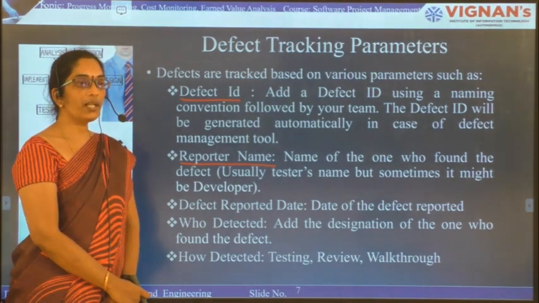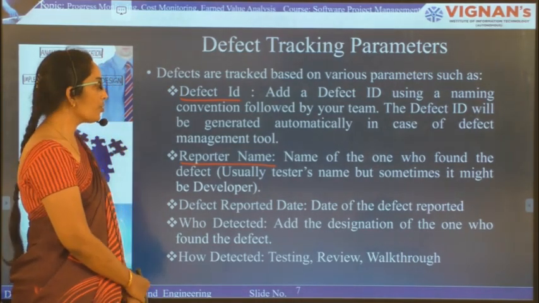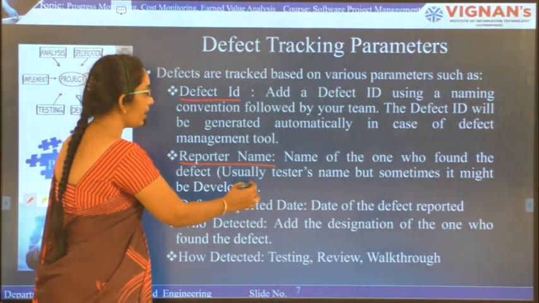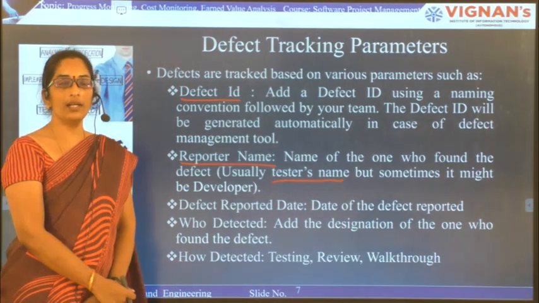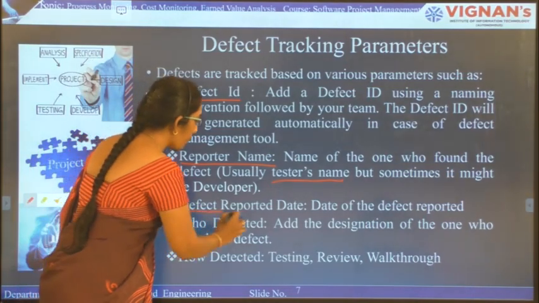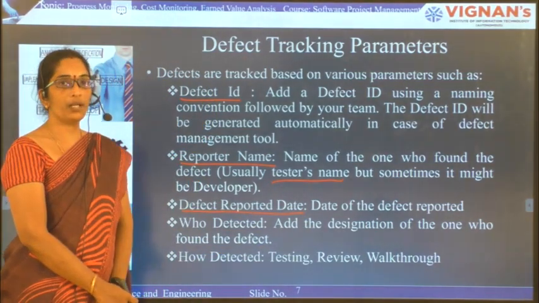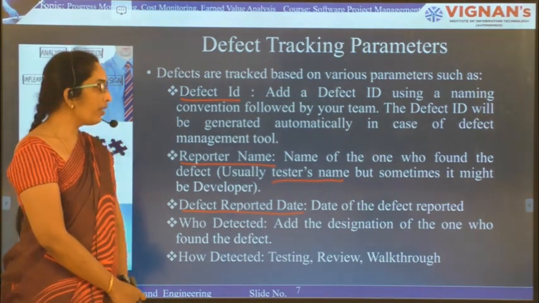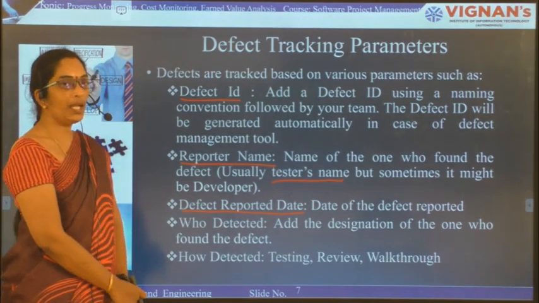In general, a defect will be found by the tester, so the reporter name will usually be the tester's name, but sometimes it may be a developer also. The next one is defect reported date. The defect tracking report also consists of the defect reported date, where the date the defect was reported will be included.